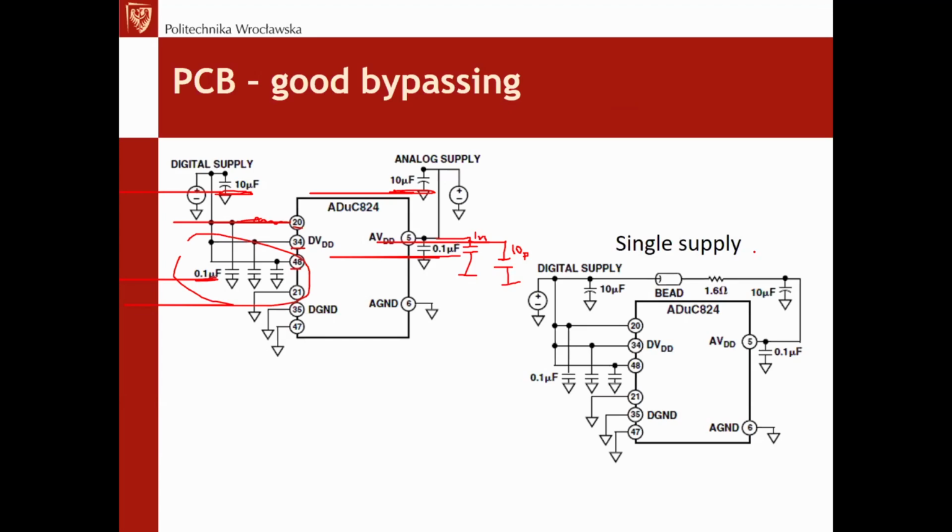That's one thing. The second element that is visible here on the slide is filtering the power supply signal. Here the filtering is shown on the example of one supply line delivering power to the digital part of the microcontroller and to the analog part of the microcontroller.